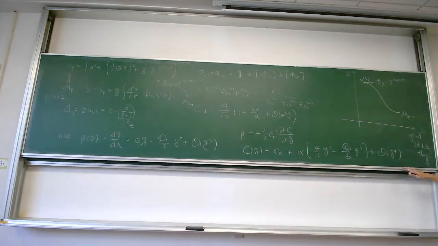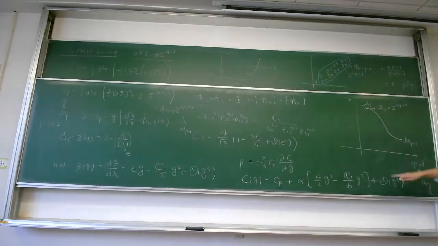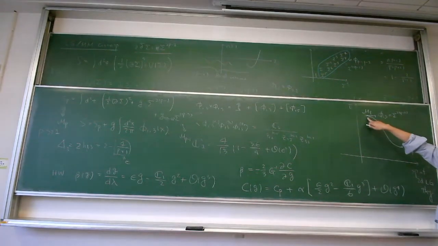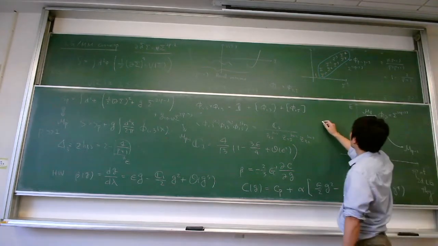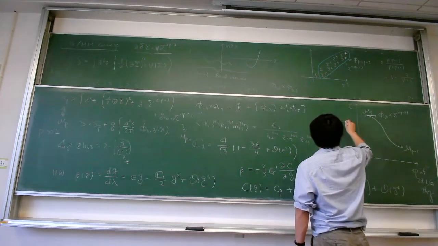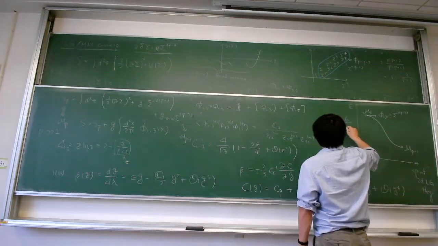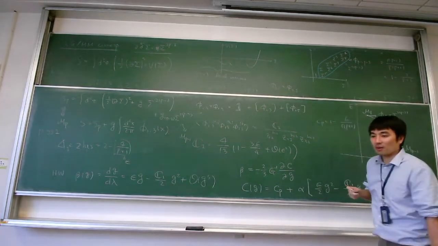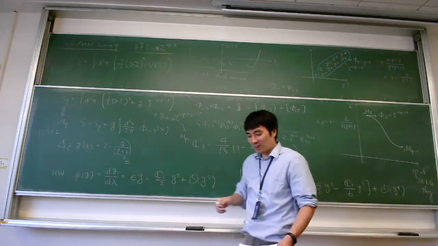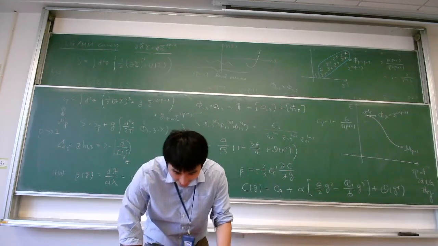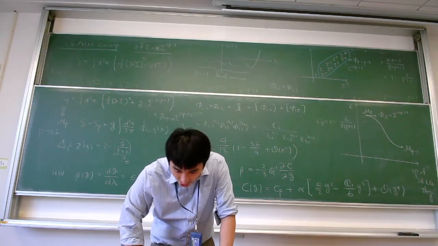You start with the minimal model of p, so therefore the central charge should have C_p. Do you remember, C_p is equal to 1 minus... is it the case? I already forgot. Yeah, I think it's correct.